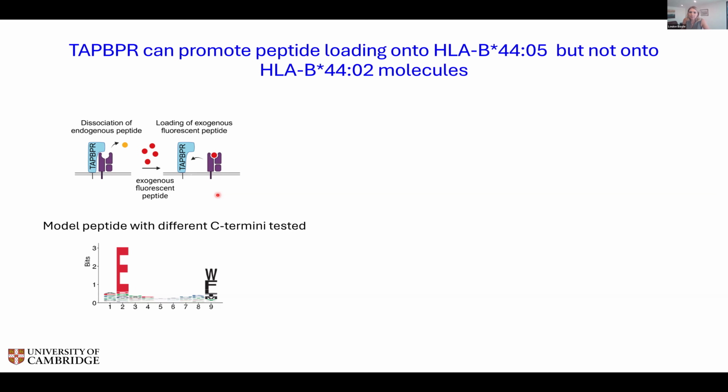And we looked at the ability of TAPBPR to load a model peptide, which had a glutamic acid at position 2, and then either a tryptophan, a phenylalanine, or a leucine residue at the C-terminus. So we varied the residue at the C-terminus of the peptide and asked what effect that had on TAPBPR-mediated loading.